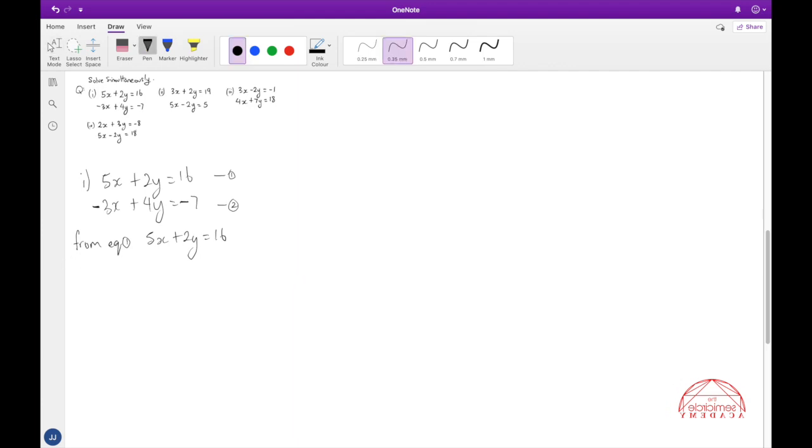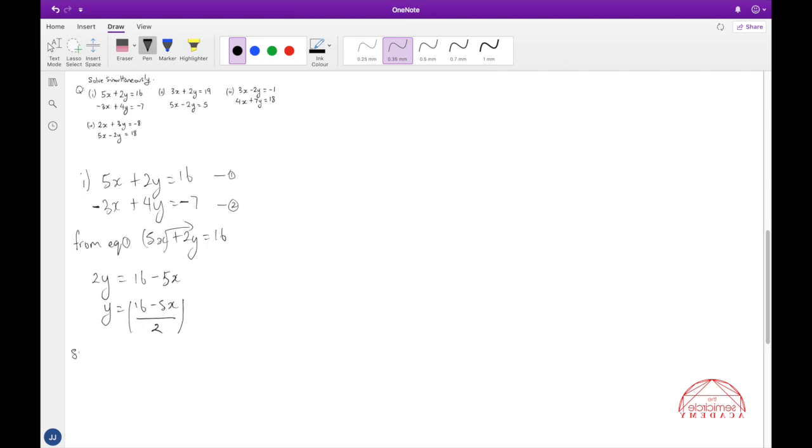Therefore, 2y is equal to 16, and I just basically took the 5x and threw it over, so it would be minus 5x. And then y is equal to 16 minus 5x, all divided by 2. So now I have y as the subject of the formula.